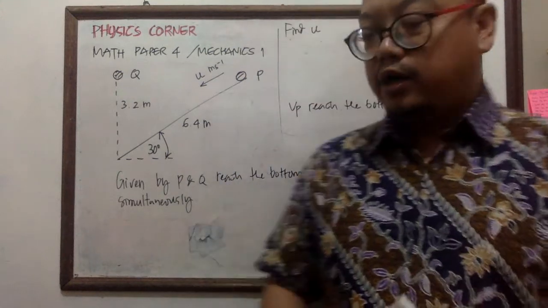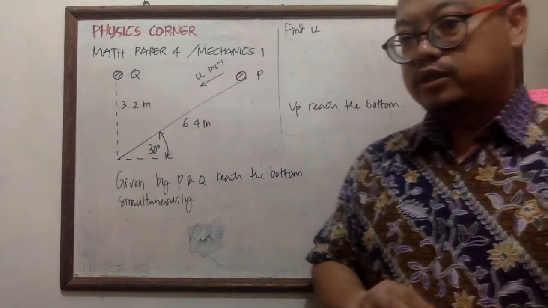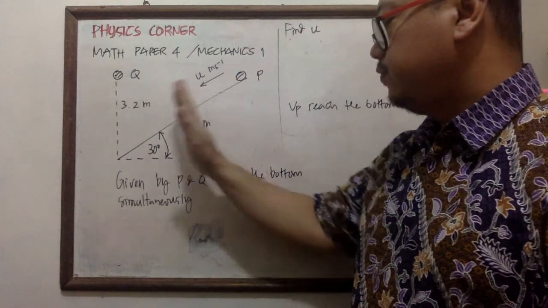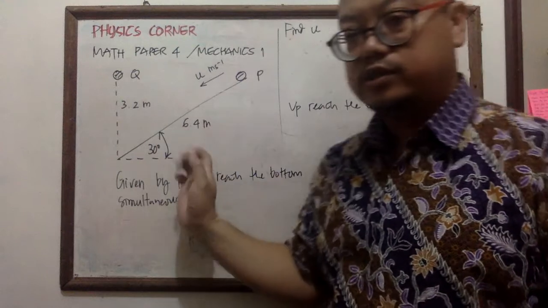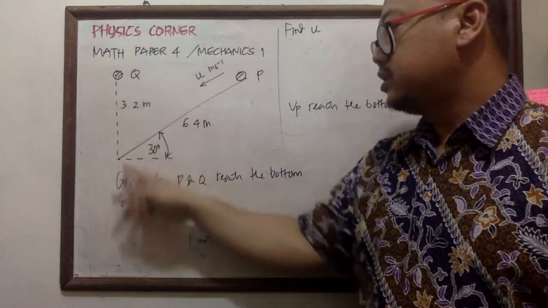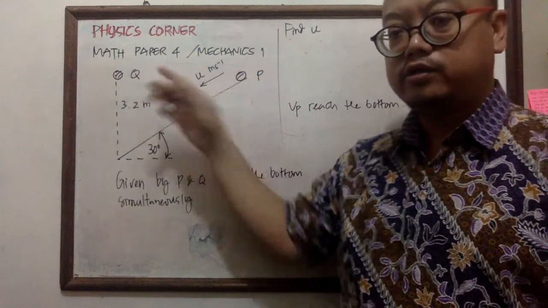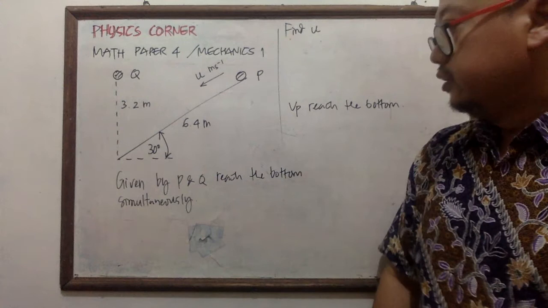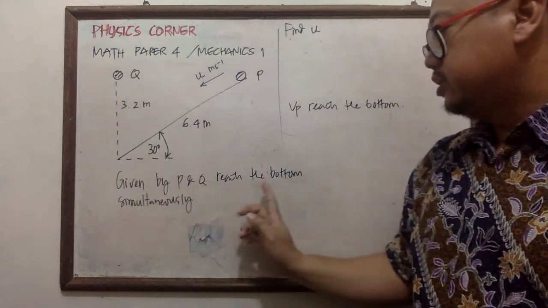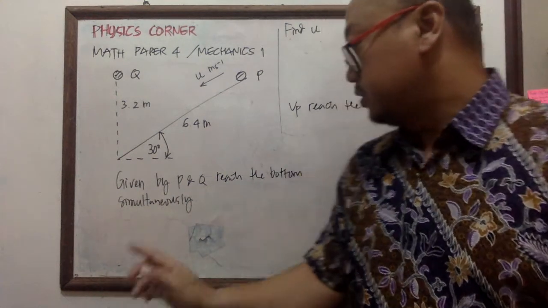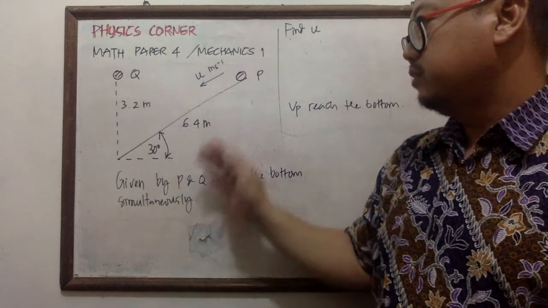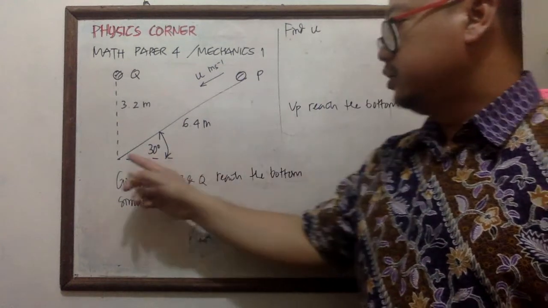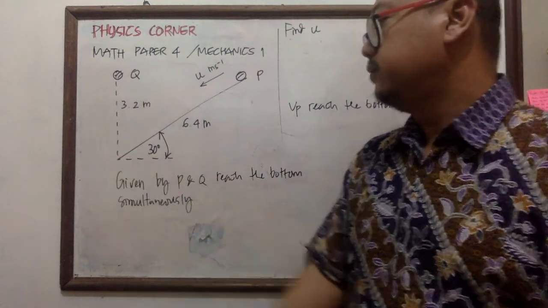Okay, before we try to solve, we explain the question first. Q and P start at the same position on the horizontal line, 3.2 meters. It is given that P and Q reach the bottom simultaneously, which means P and Q are at the bottom position at the same time.